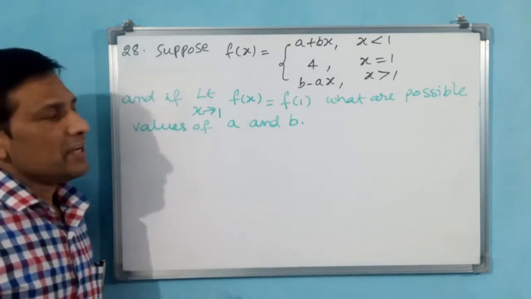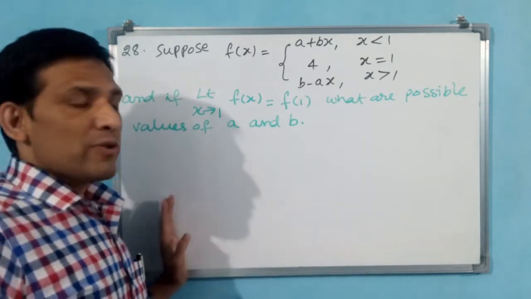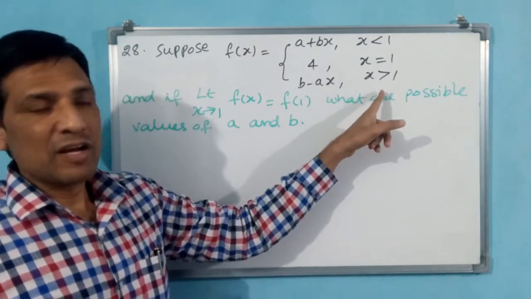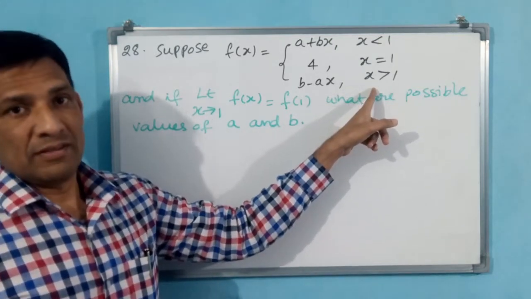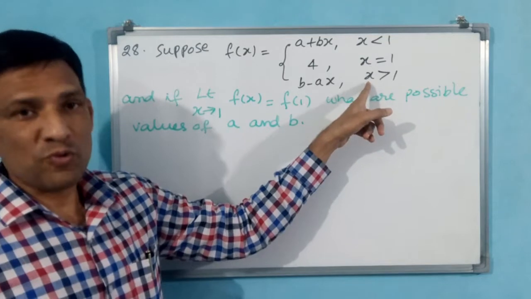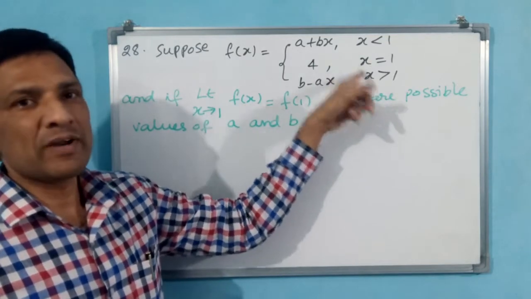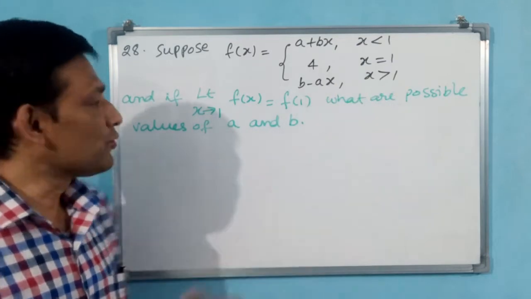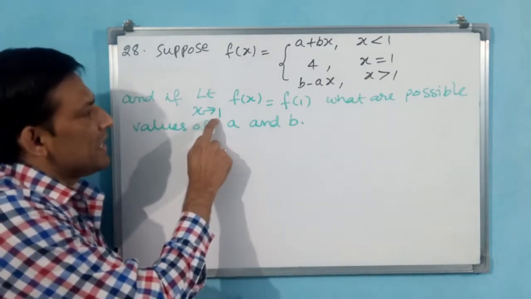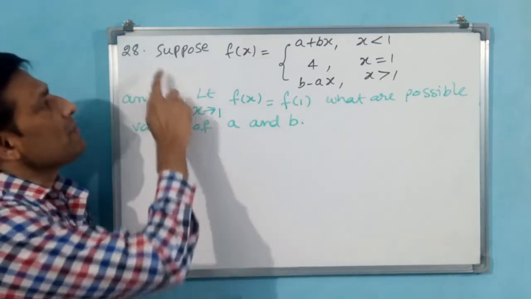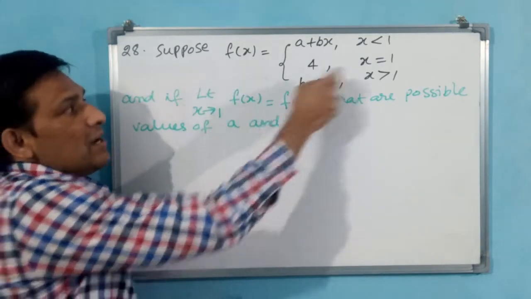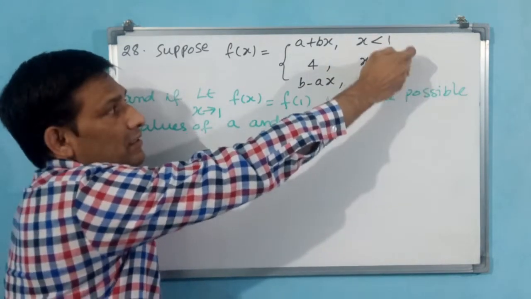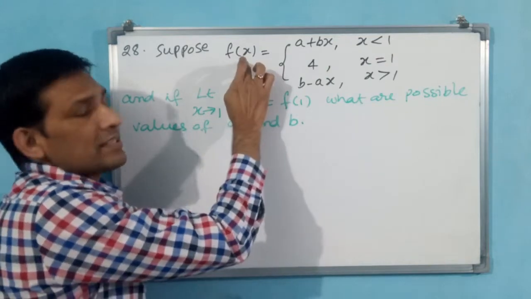But without the limit, x greater than 1 means it goes up to infinity. That you keep in your mind. X may be 2, 3, 10, 100, 1000, 1 lakh or infinity. But for this question you should take only 1, as they are telling. Why? Because here only x they have given. Limit 1 given, but here x they have given.